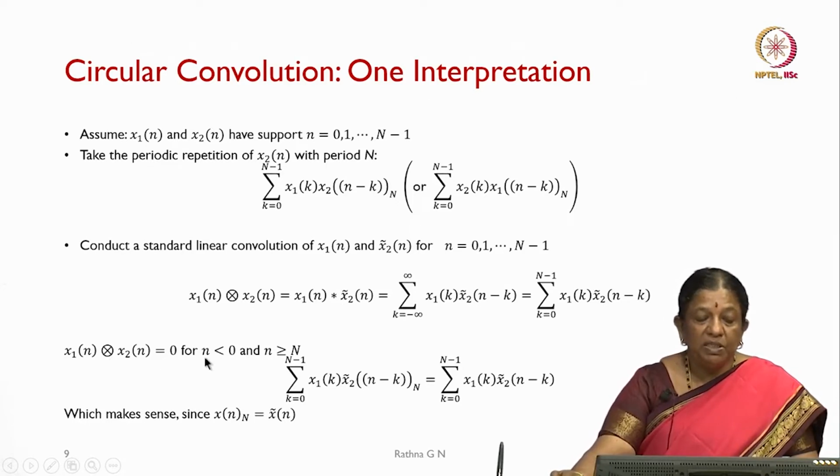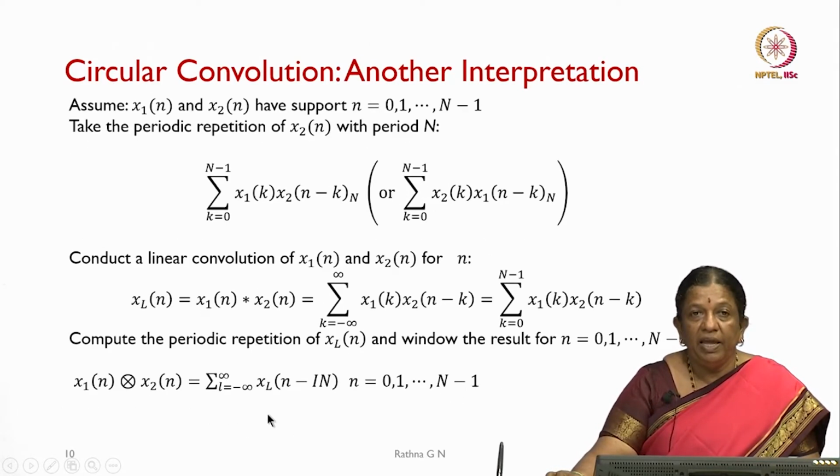The circular convolution is 0 for n less than 0, as we have assumed, and for n greater than or equal to n, as given in the equation. That makes sense, since x of n modulo n is nothing but the repetition x tilde of n.